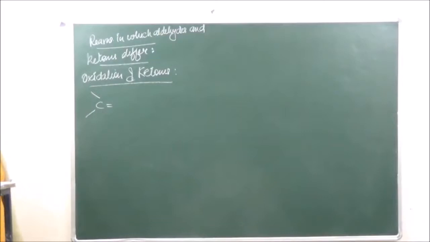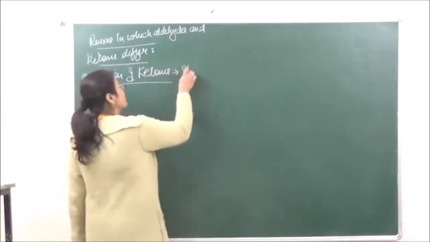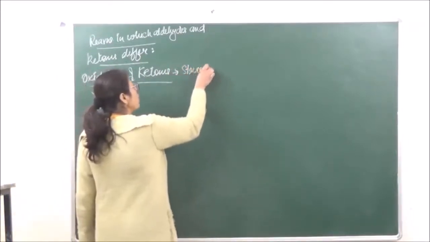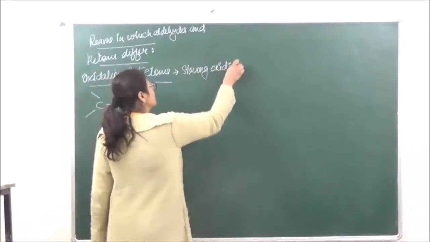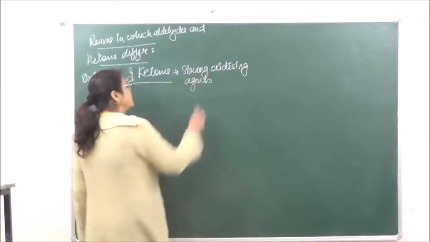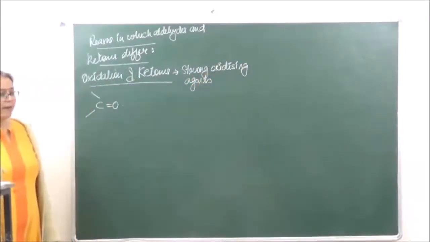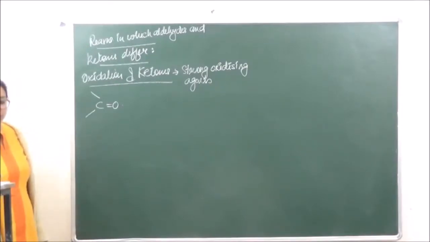So hence they cannot be oxidized by weak oxidizing agents. These are going to be oxidized by only strong oxidizing agents like potassium dichromate, right, or KMnO4. Okay, now over here ketones are going to be oxidized to their respective acids.